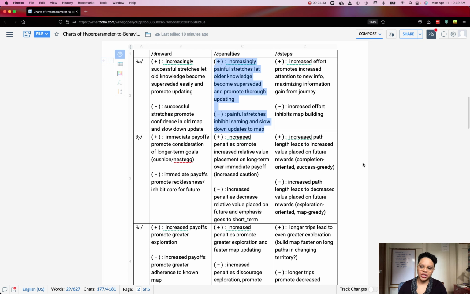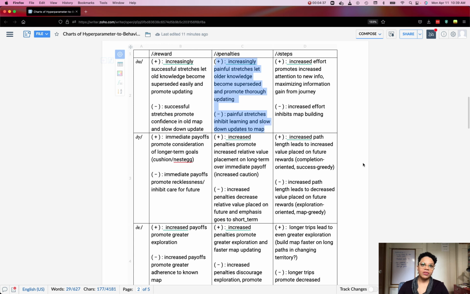We could interpret this as increased caution. Again, it can be helpful to go there, but don't commit epistemologically too soon. And then if gamma decreases with respect to penalties, that means increased penalties decrease the relative value placed on future rewards, and greater relative emphasis goes to the short term.